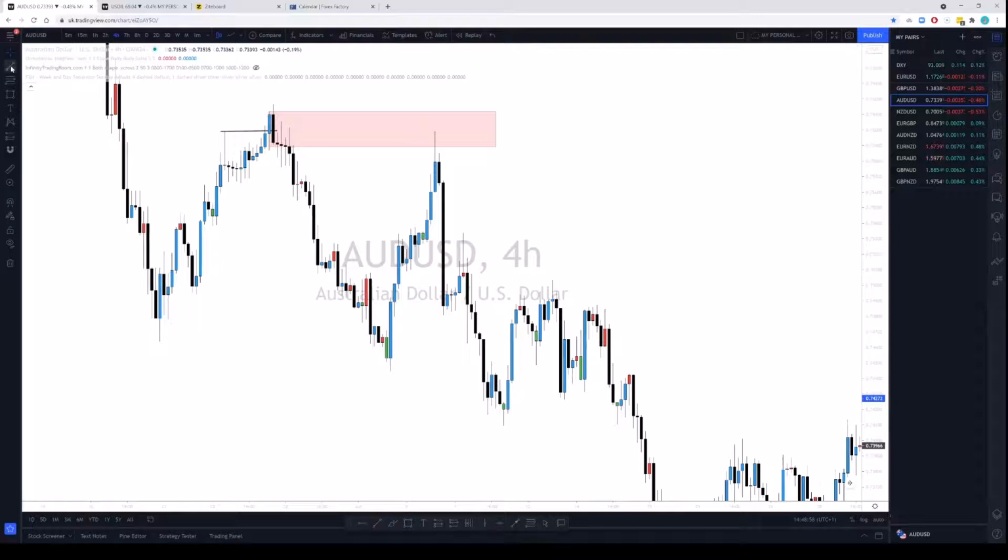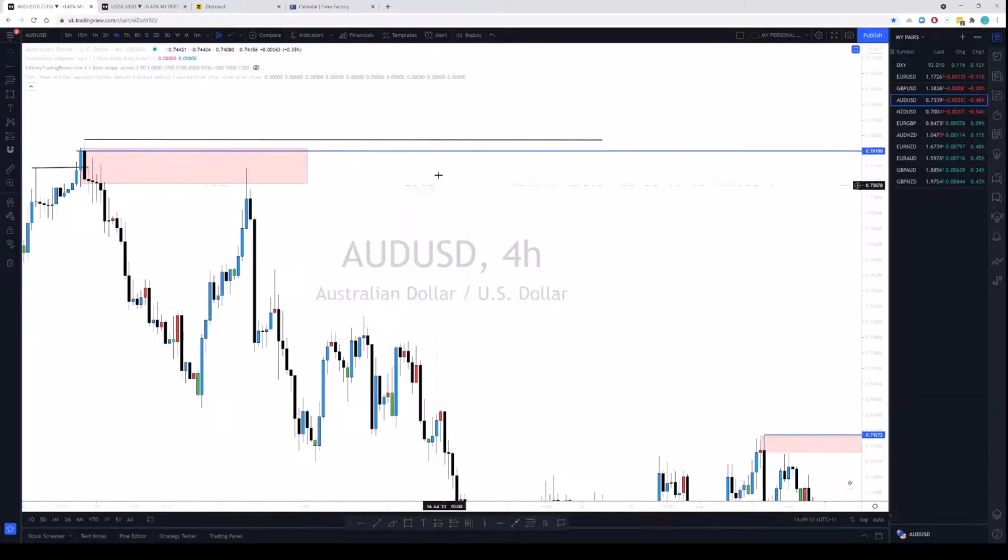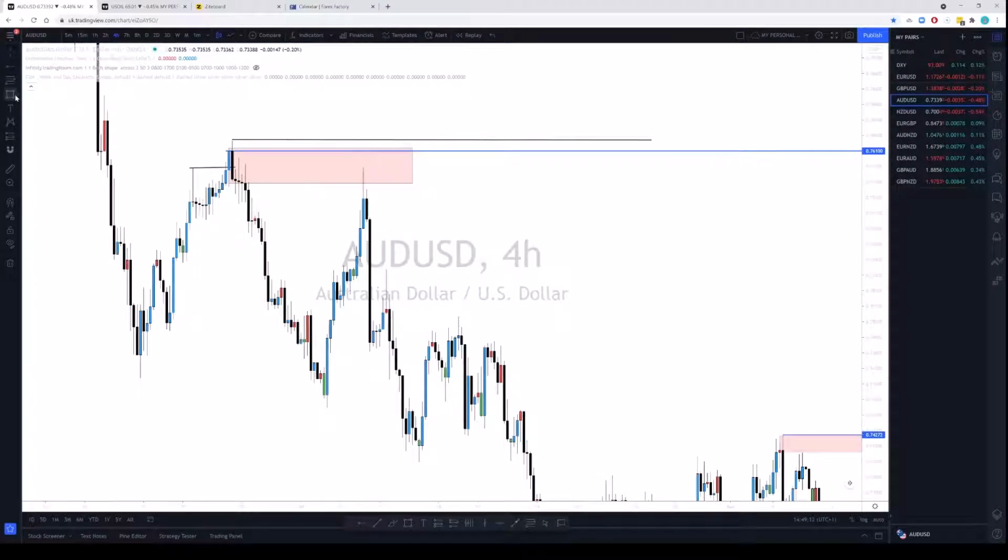Price has already done the job, so this becomes equal high. So if price is coming back up, this is what I'll anticipate. Yes, there is a rejection block here, so that can also be a level that will engineer a proper equal high. So price can come back up, hit this, go down, engineer that equal high, and then come and run it.